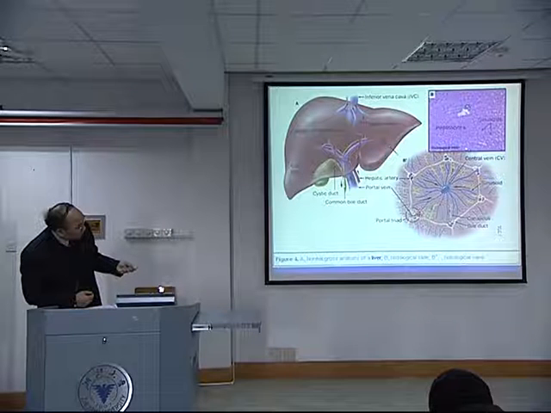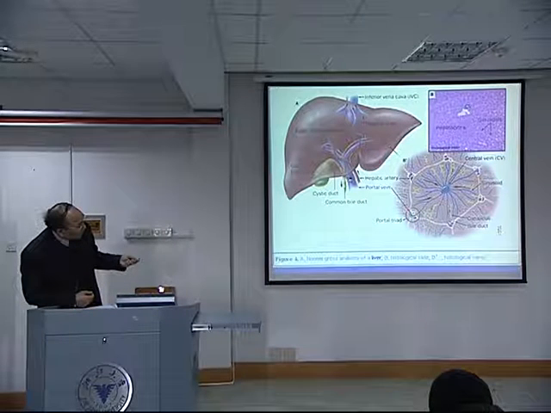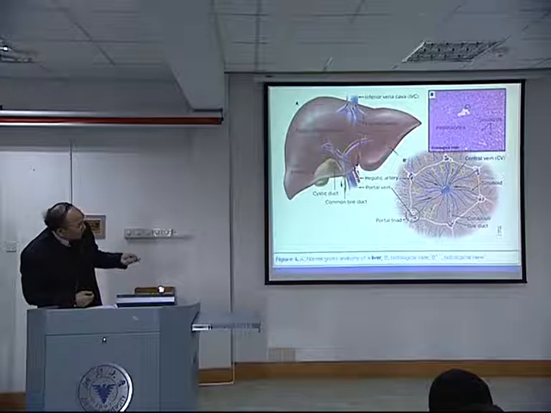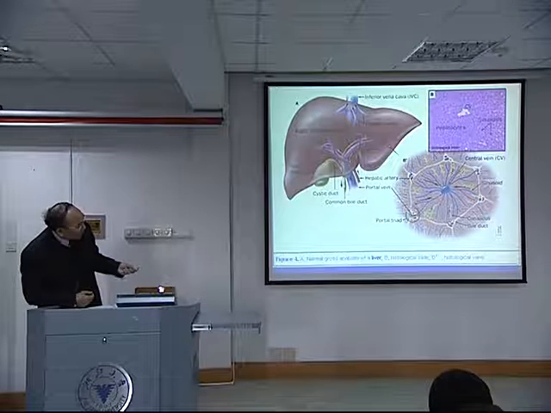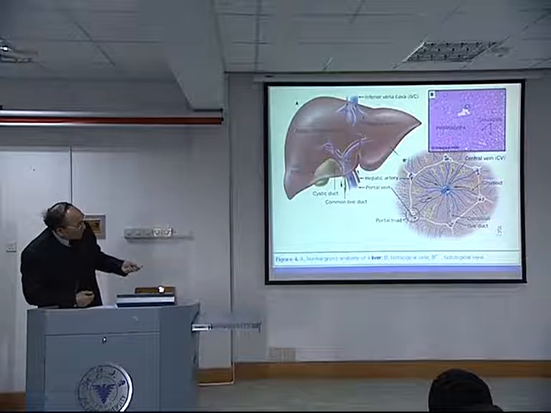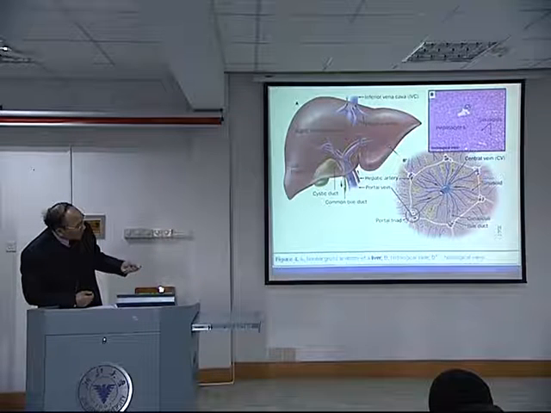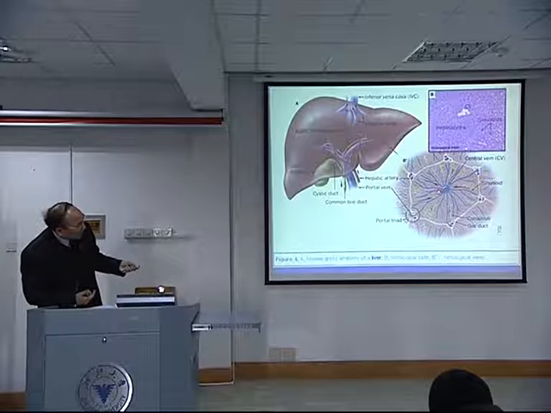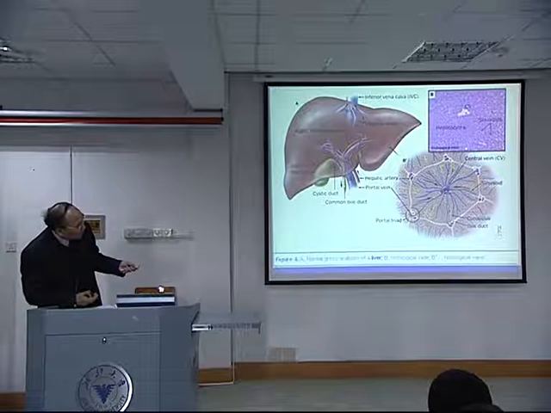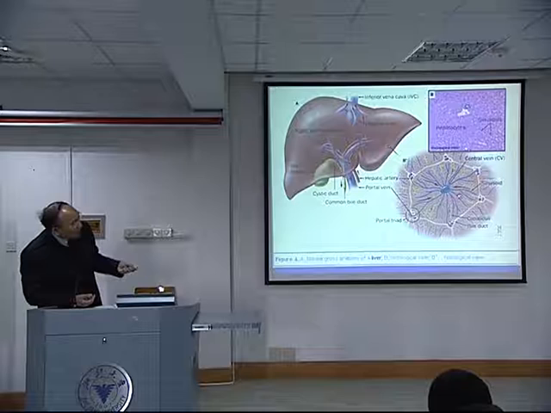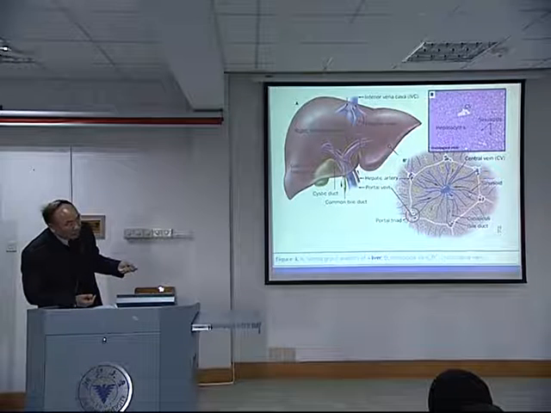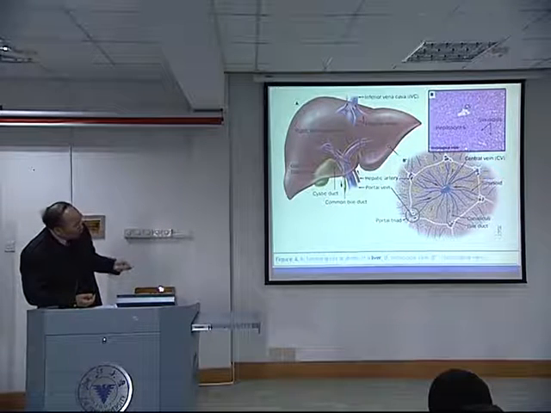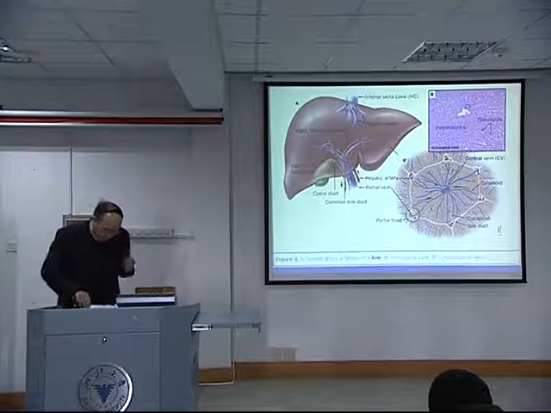This is a portal tract. Portal vein and arterial blood come in here, then into the central hepatic vein, then into the right, middle, and left hepatic veins, and into the inferior vena cava.